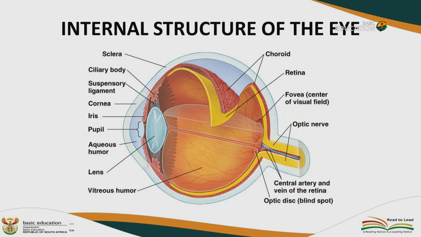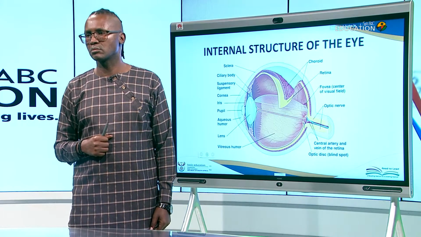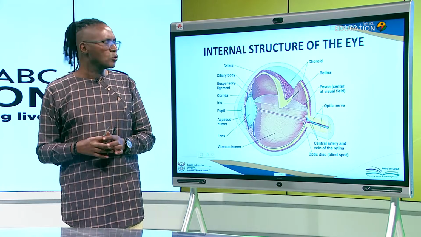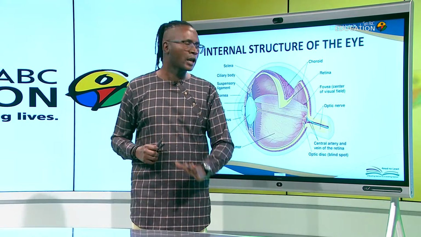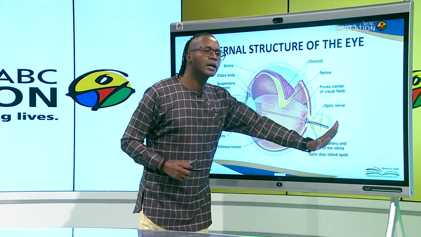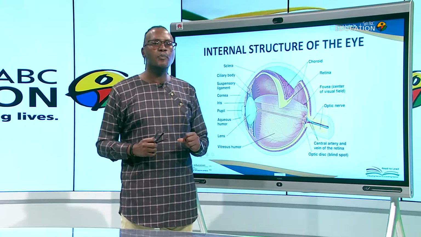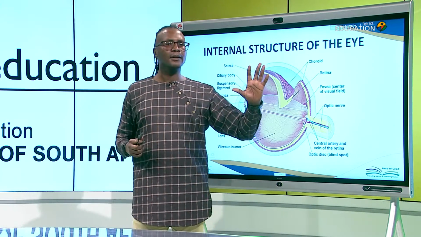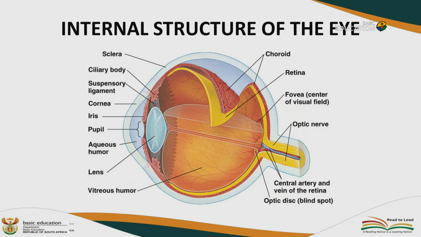Now, grade 12s, this is a must know. The structure of the eye is a must know. So we're going to look at the internal structure of the eye. Then we start from the back inward. It's very important to do it that way, because examiners expect you to be able to label each and every part that is depicted on the diagram.